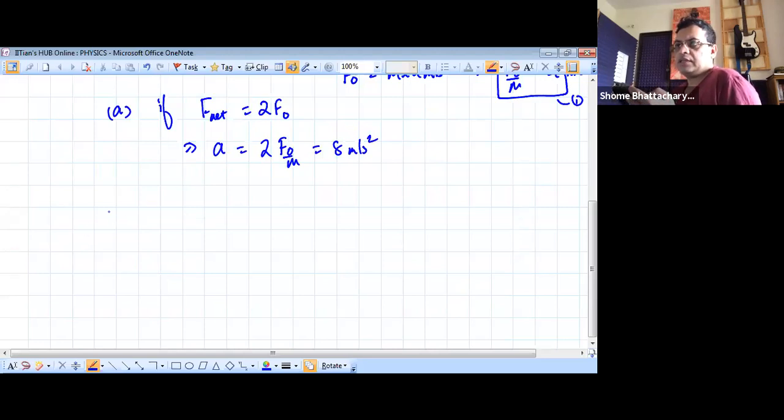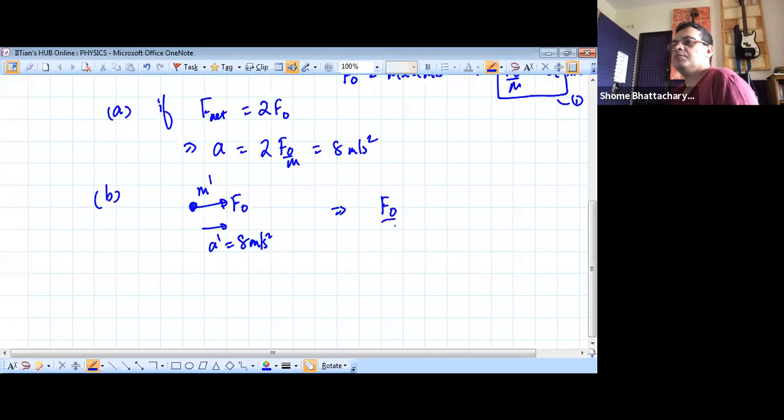Okay, now secondly, if a second object experiences 8 meters per second square acceleration under the influence, then what is the ratio of the mass? So let's say the second object has a mass m prime, but the same force F0 is acting on it and is creating an acceleration a prime of 8 meters per second square. So you can see that F0 upon m prime is equal to 8, whereas originally it was 4.